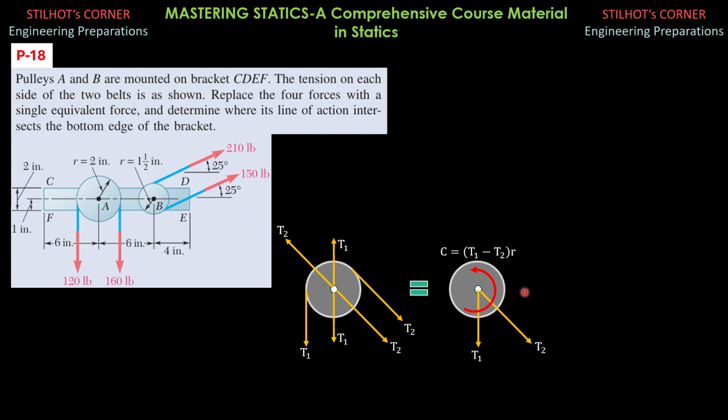Then finally, if we have a condition where both sides of the pulley have equal tensions, T1 equals T2 equals T, for example, then this couple will just be zero because T1 equals T2, and there will be no couple here, just leaving T1 and T2.